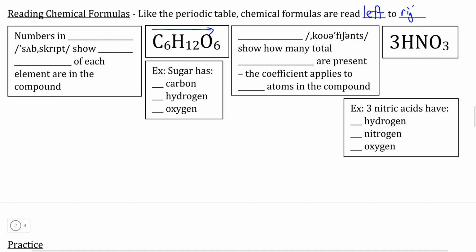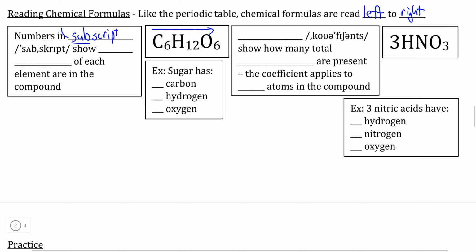So this chemical formula here, which is actually the chemical formula for sugar, we would read as C6H12O6. We can see here that the 6, the 12, and the 6 in the chemical formula are written lower than the element symbols themselves, which is why we call this type of writing subscript.